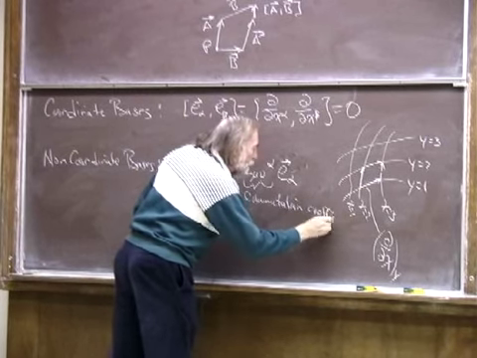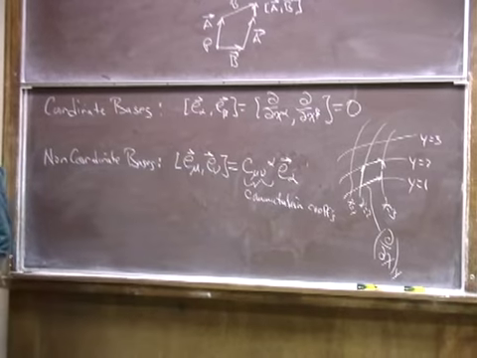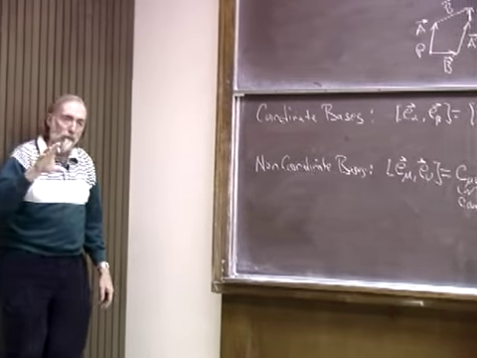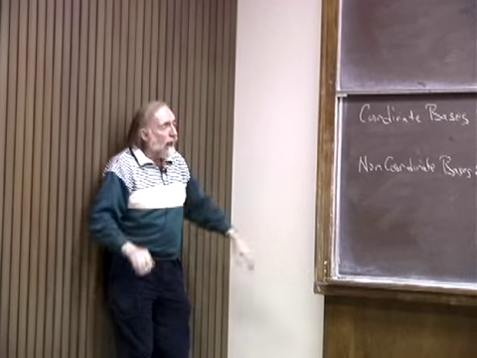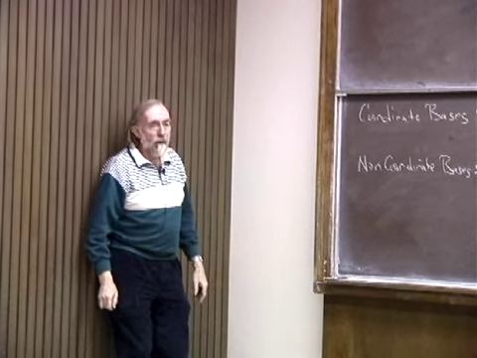So, for example, for the orthonormal basis associated with a circular coordinate system on the blackboard, which is something you worked with on the problem set, you can easily see that the commutator is non-zero.